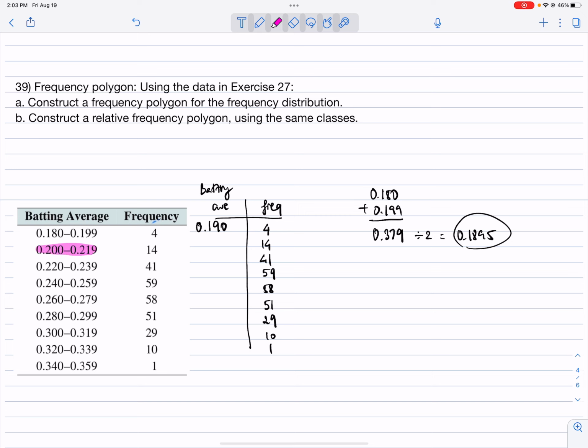And you do similarly. That means you add these two numbers together and divide by 2. So you will get 0.210. Or the other way is you just keep moving on by adding 0.02, which is the class width.